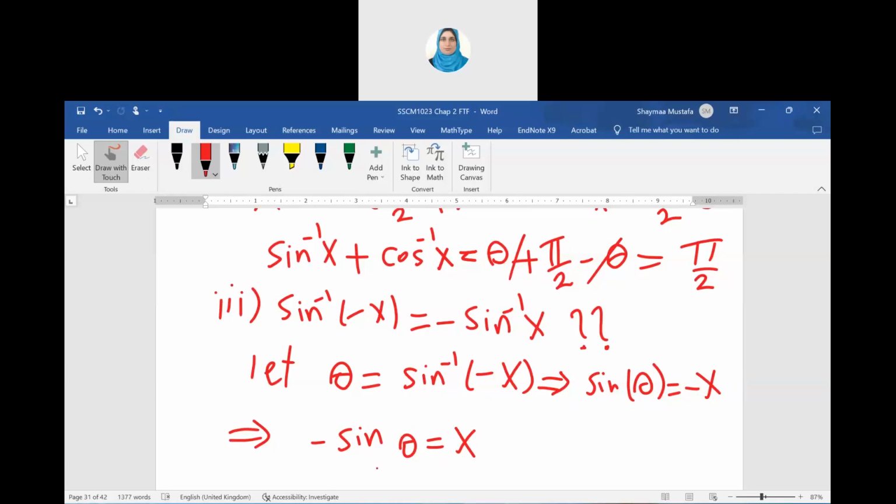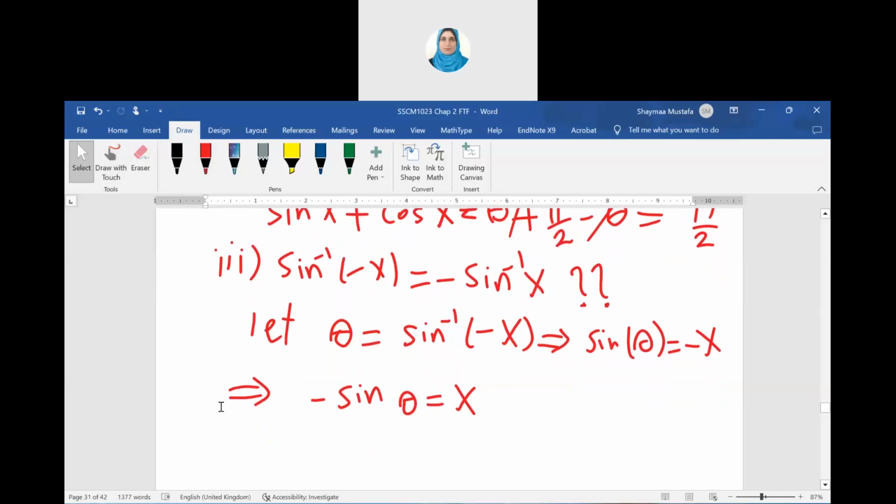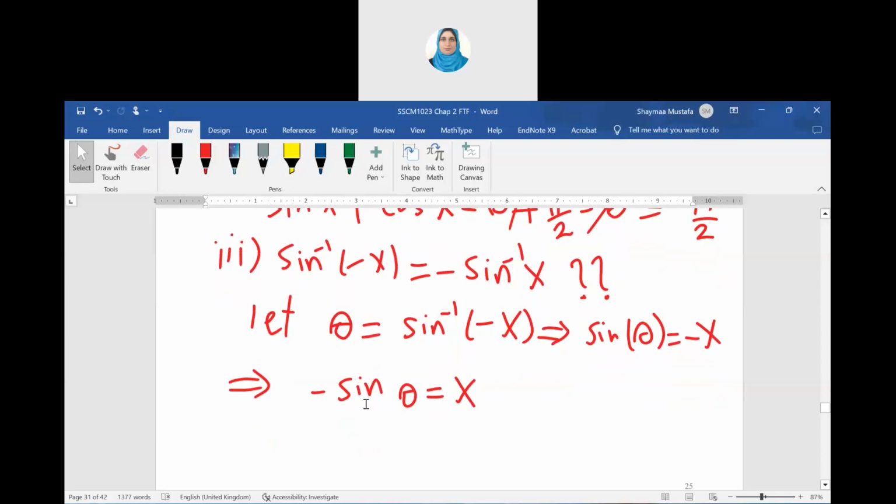So, okay, what can you conclude? Minus sine theta equal to what? We say that sine is an odd function. What do we mean by sine is an odd function?